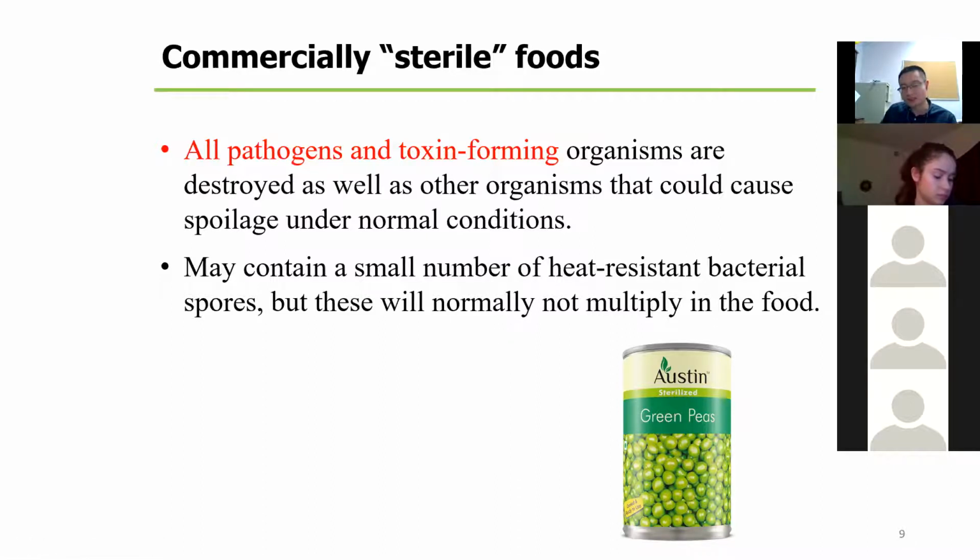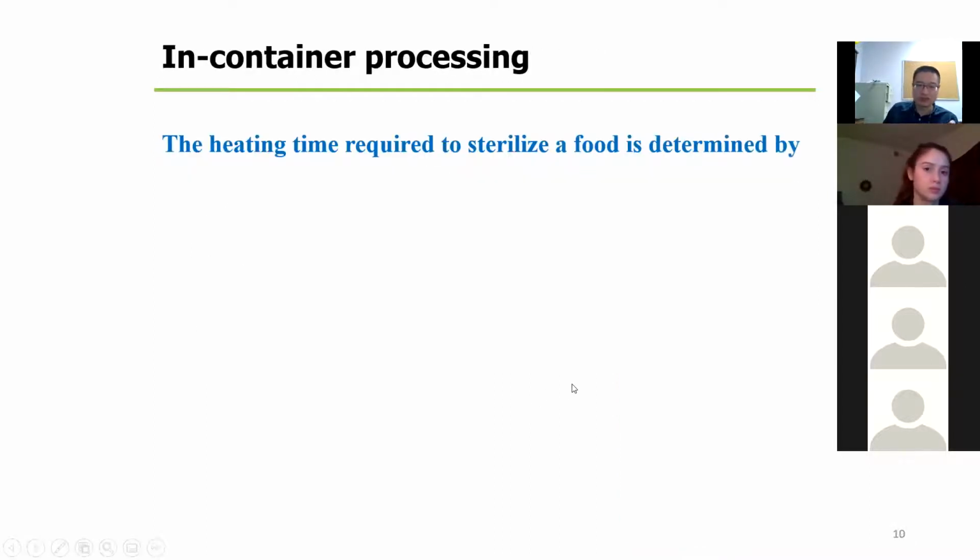Normally, we do extended shelf life to make sure that those spoilage organisms do not cause any problem within the shelf life. And they typically have more than 6 months of shelf life.